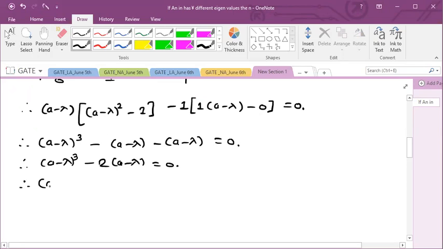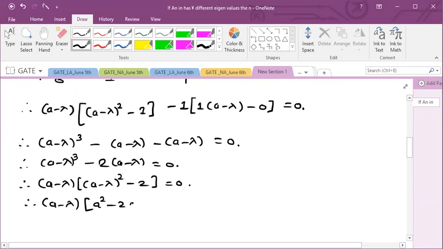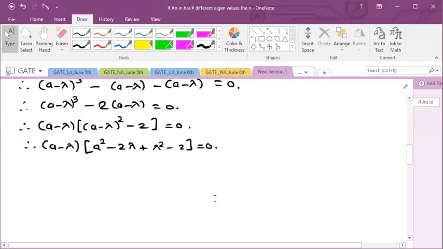If I take (a minus lambda) as common, it will become (a minus lambda) whole square minus 2 equal to 0. Okay. So here (a minus lambda) whole square is a square minus 2 a lambda plus lambda square minus 2 equal to 0. Is it clear?